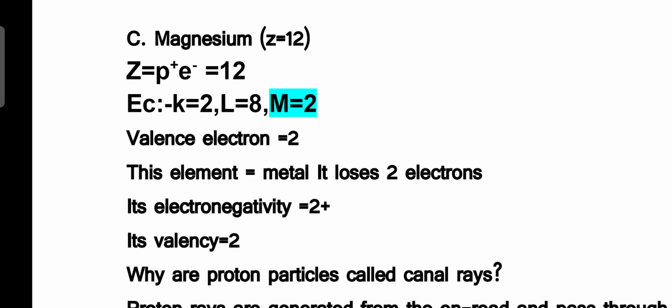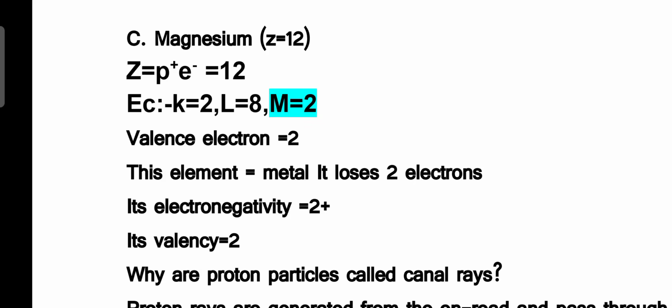Third example let us take is the magnesium. Z value is 12 and proton and electron number is also 12. If we write electronic configuration, K has 2, L has 8, M has 2 electrons. Valence electron is 2. So this element is metal.